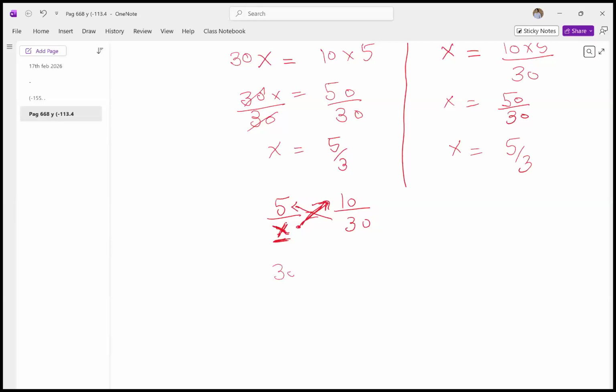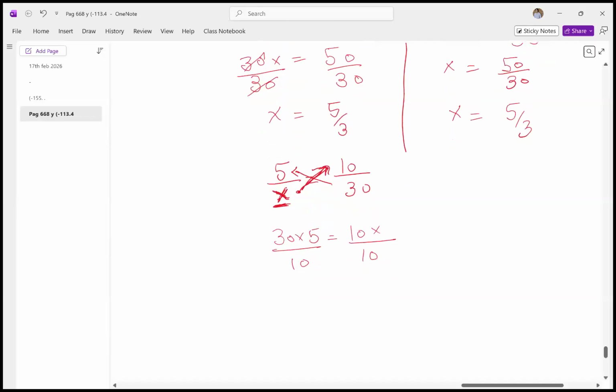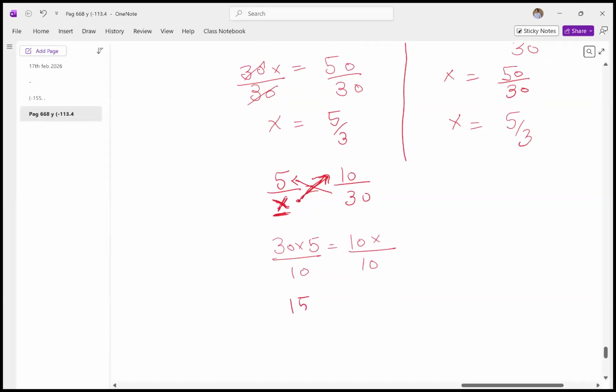So 30 times 5 equals 10 times x, and now dividing both sides by 10. 30 times 5 is 150, divided by 10, that's going to give you the value of x. So that's going to be 15. 15 equals x.